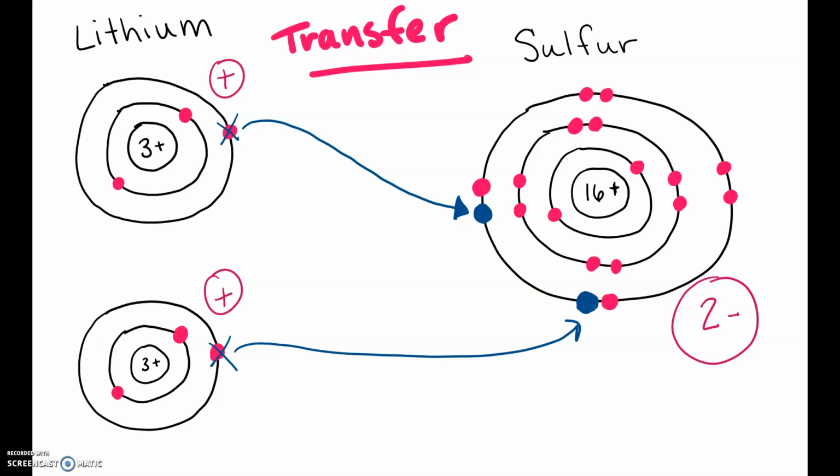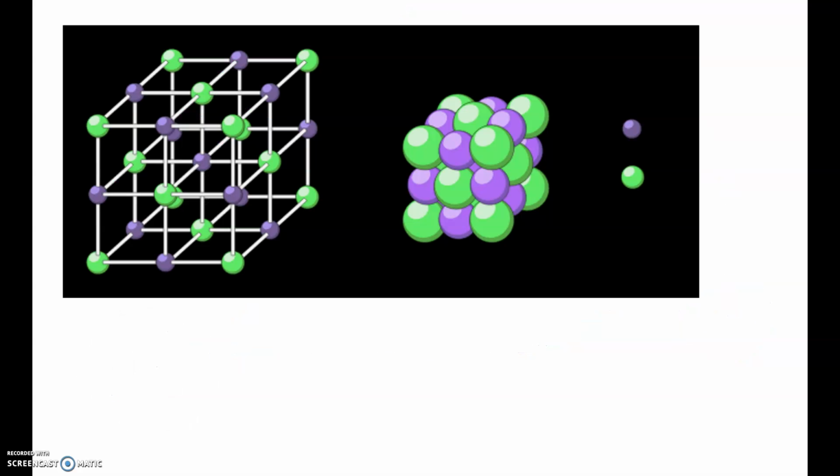Okay, and then these things are oppositely charged, these lithium atoms and this sulfur atom. The opposite charges, the positives and the minuses, pull them close together and they form an ionic compound.